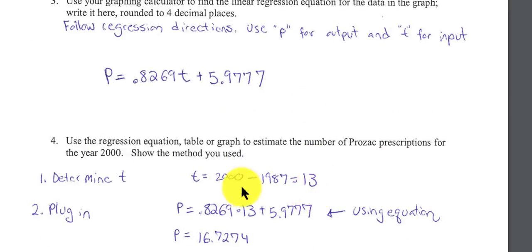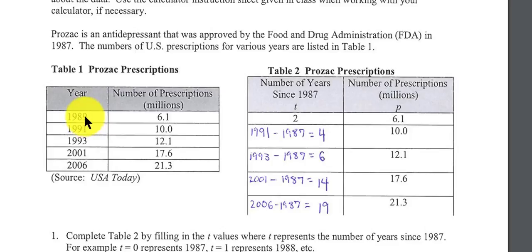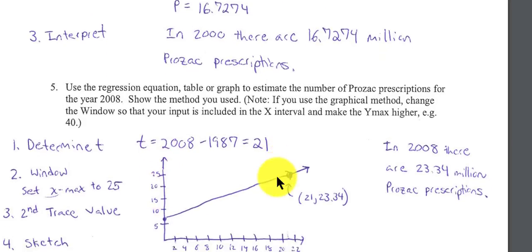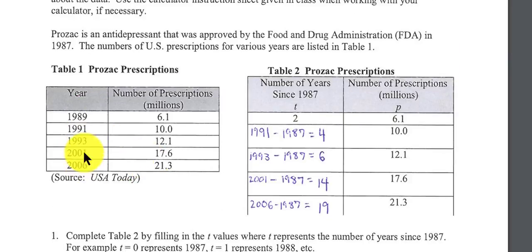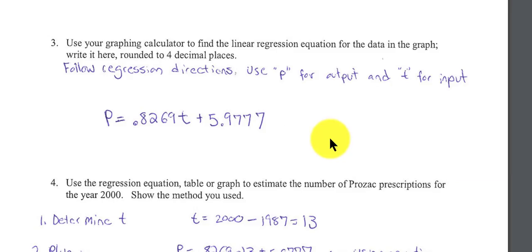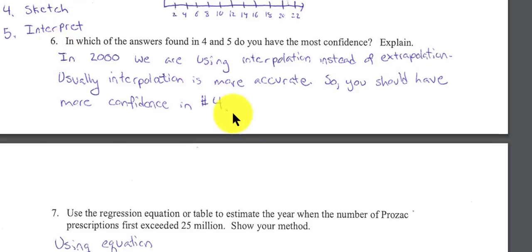Or if we look at the other table, the year 2000 is in between 1989 and 2006. So interpolation is always more accurate than extrapolation, right? 2008 is outside of our given data, an example of extrapolation, right? Or 21 is outside of 2 and 19. So the further we get away from our data, the less reliable. So for number 6, you'd say, I have more faith in the data from question number 4.